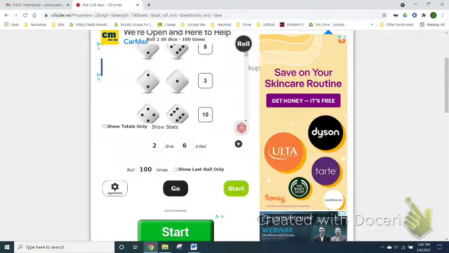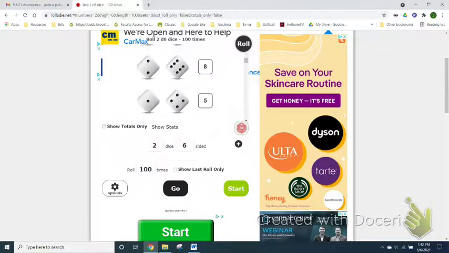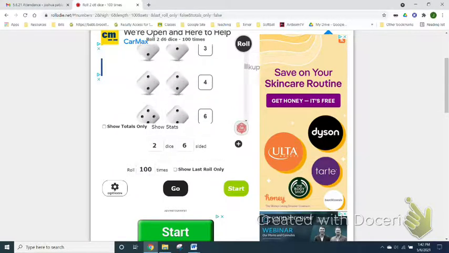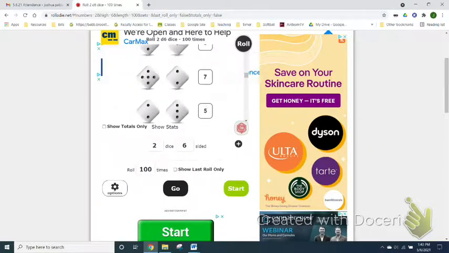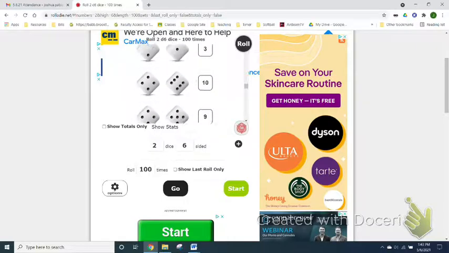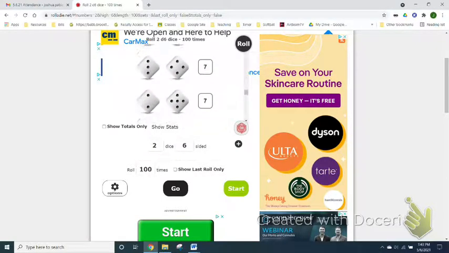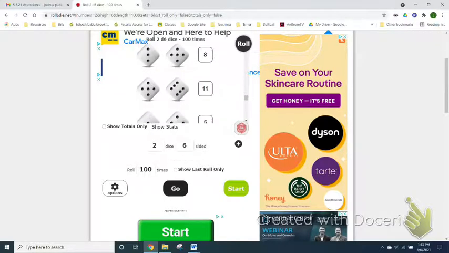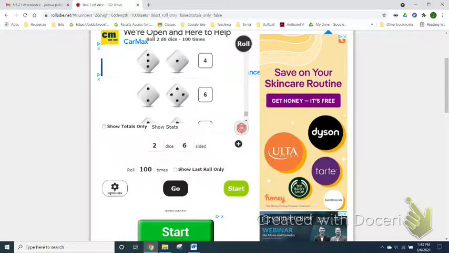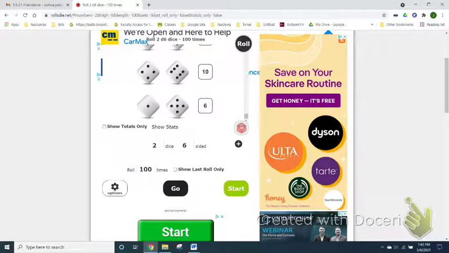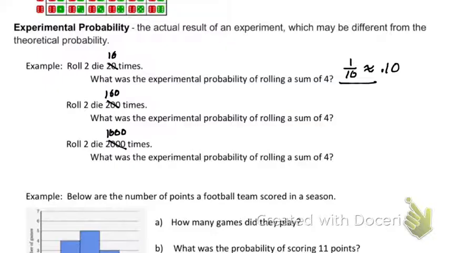I got 1. 2. 4. 5. So what did we get? We got 5 out of 100.